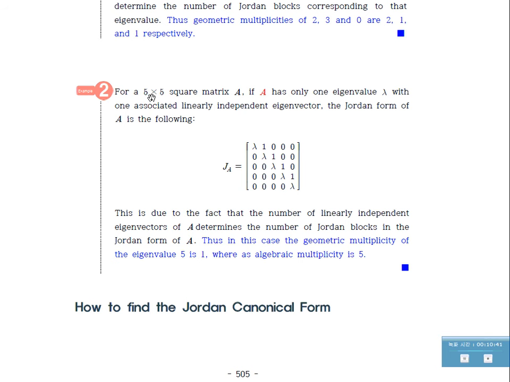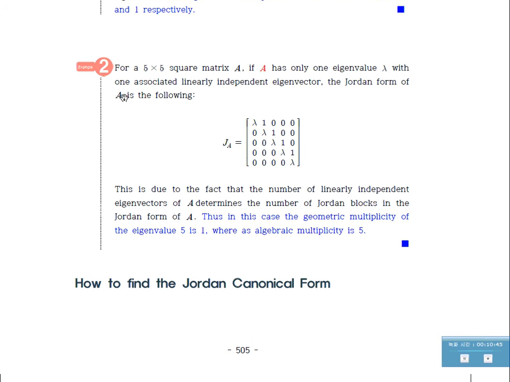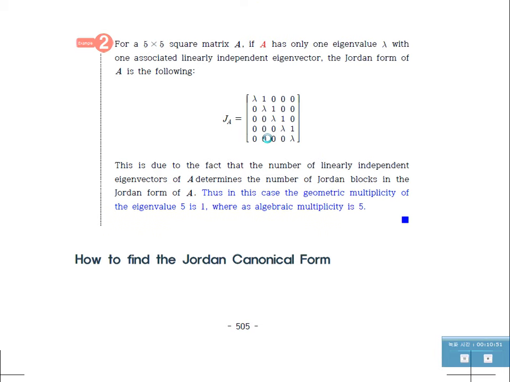Here, for a 5 by 5 square matrix A, if A has only 1 eigenvalue lambda with 1 associated linearly independent eigenvector, then the Jordan form of A is the following. This is a Jordan block. This is a 5 by 5 matrix with only 1 eigenvalue, so the eigenvalues are all on the main diagonal, and it has only 1 linearly independent eigenvector. So it has 1 Jordan block.